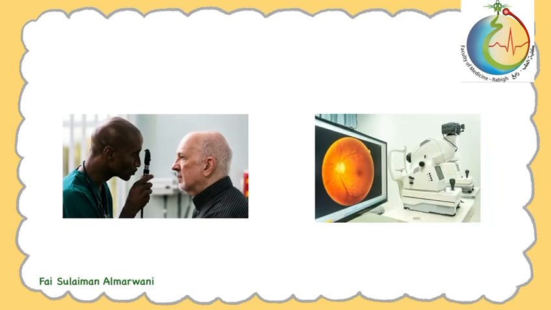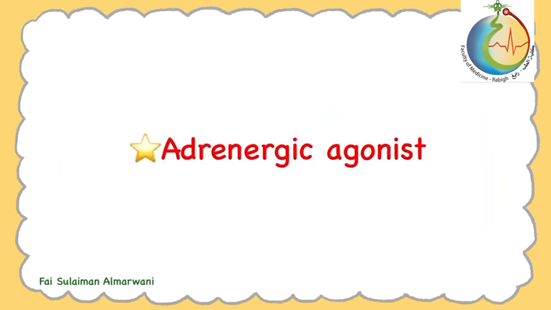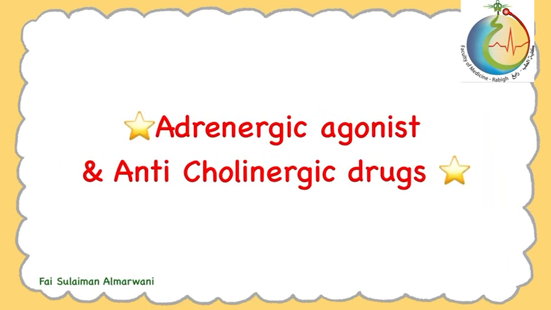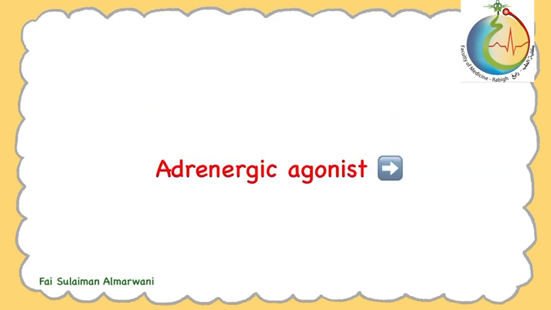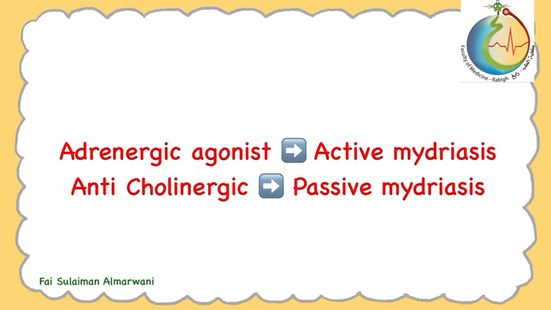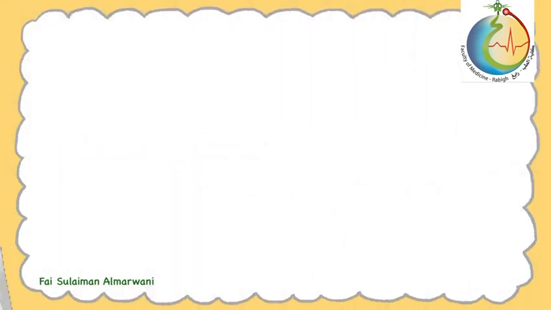These drugs are used for fundus examination, so you can make a connection between the uses of adrenergic agonists and anticholinergic drugs, which are also used for eye exams and fundoscopy. But you should know that anticholinergic drugs lead to passive mydriasis, while adrenergic agonists lead to active mydriasis.